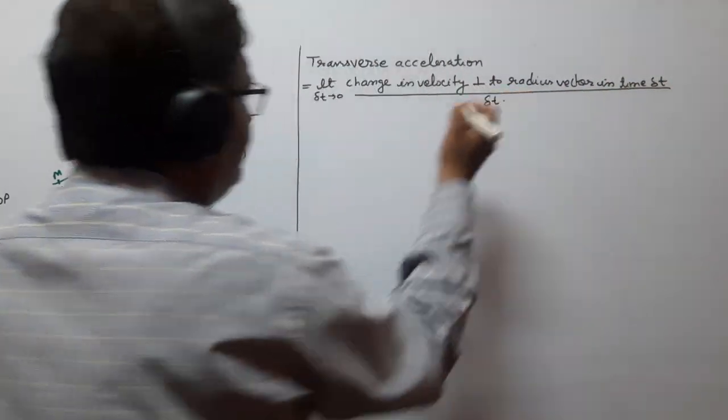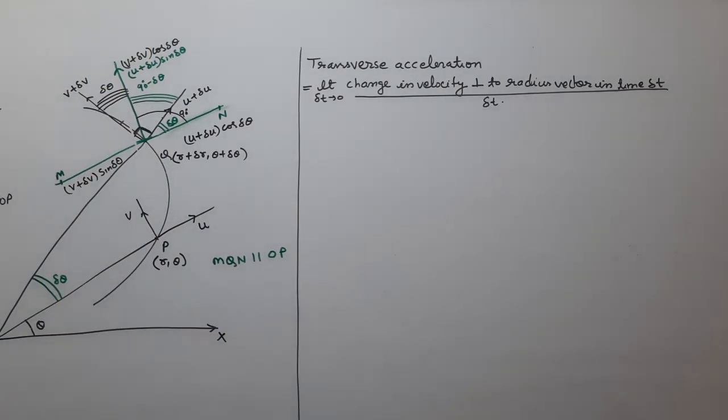We know that acceleration is the rate of change of velocity. So here transverse acceleration is the limit del t tends to 0, change in velocity perpendicular to radius vector in time del t divided by del t.